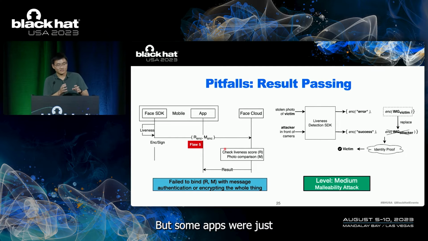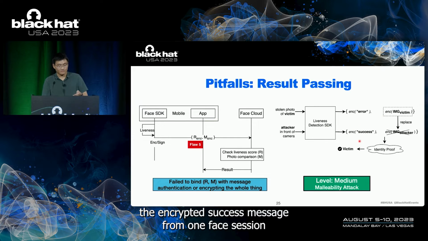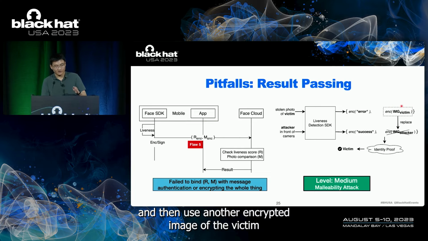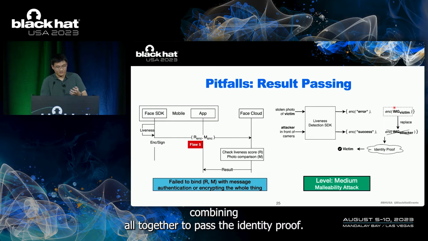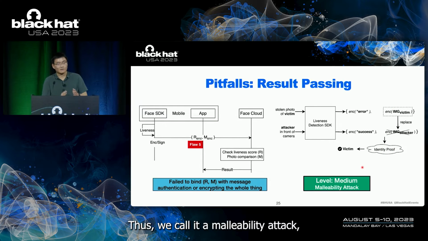But some SDKs would encrypt them separately, so that you can substitute one of them and things will go wrong. For example, here we can use the encrypted success message from one face session and then use another encrypted image of the victim, and combine it all together to pass the identity proof. We call this a malleability attack, referring to the same concept in cryptography.